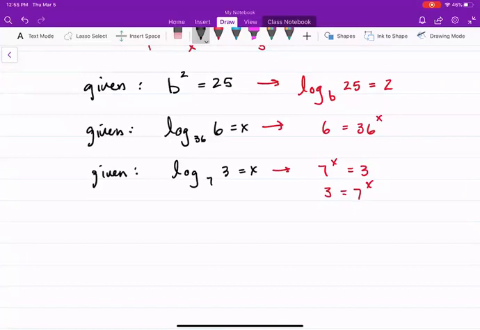So here's my question. On that one, what would be the answer? 36 raised to what power would give you 6? What's 1/2 known as?